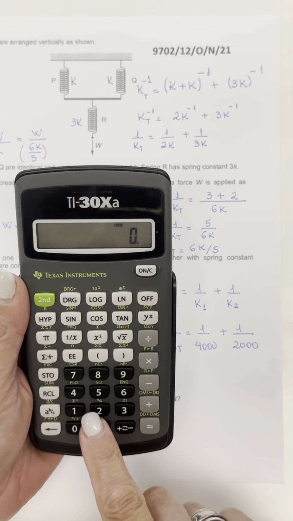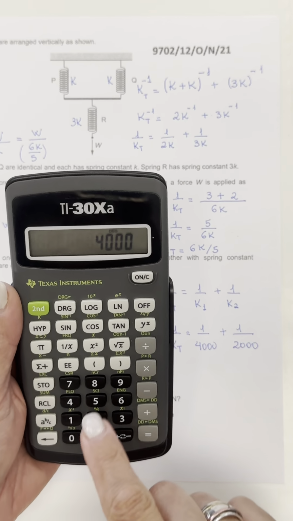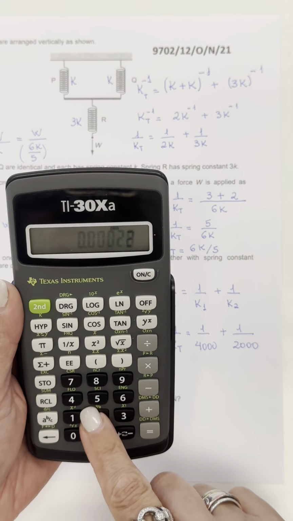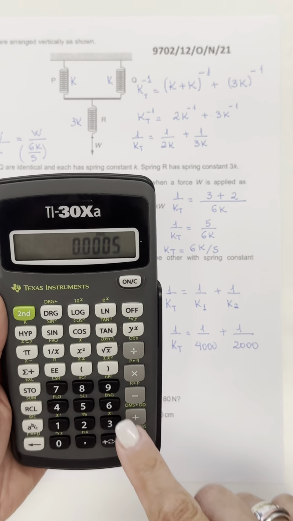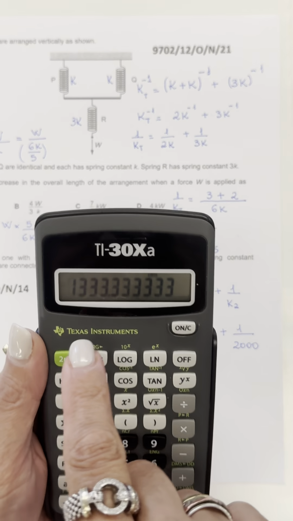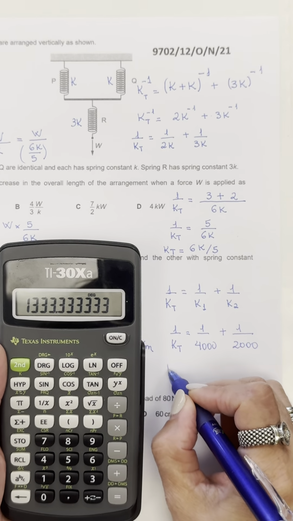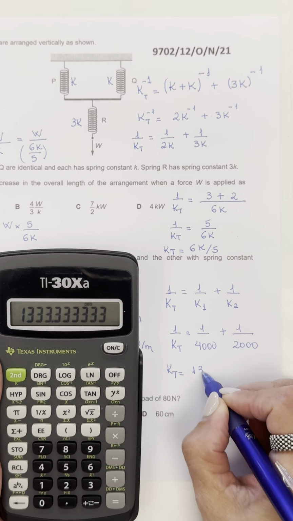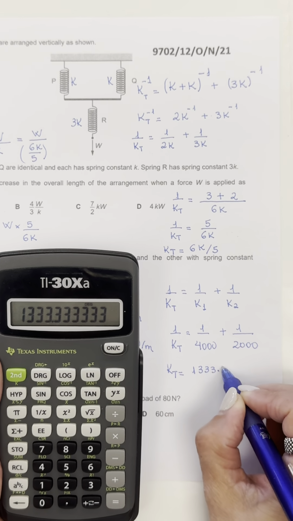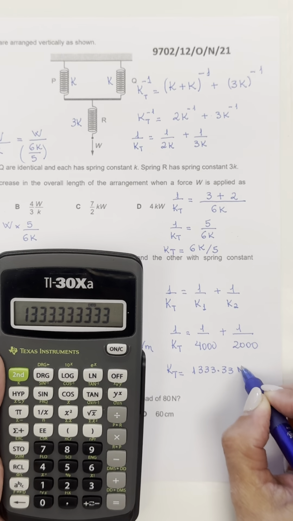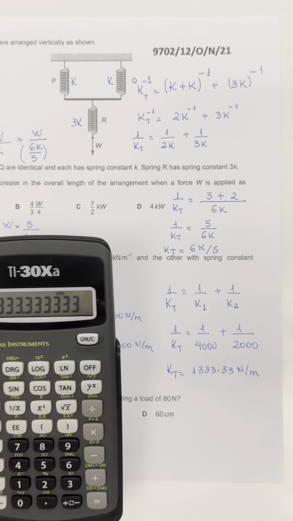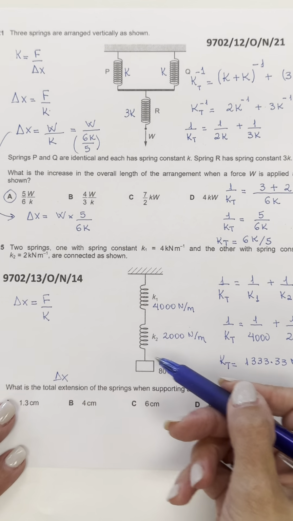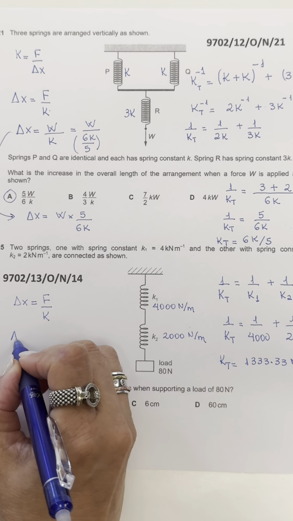So 4,000 inverse plus 2,000 inverse, and then inverse one more time. So this is the value of my total spring constant, 1333.33 Newton per meter.